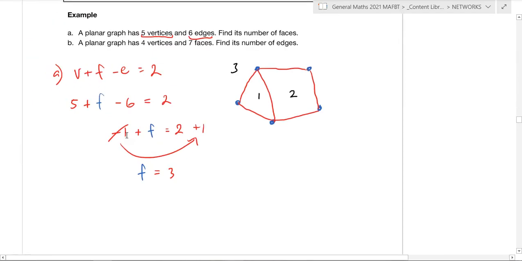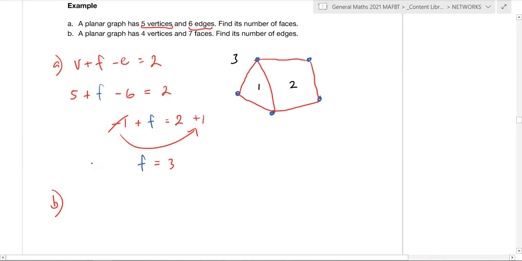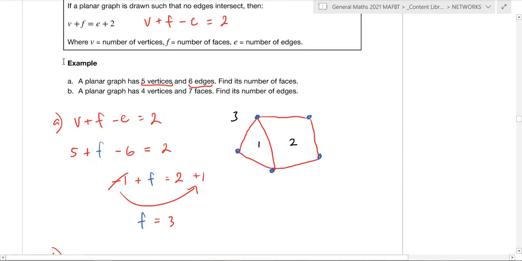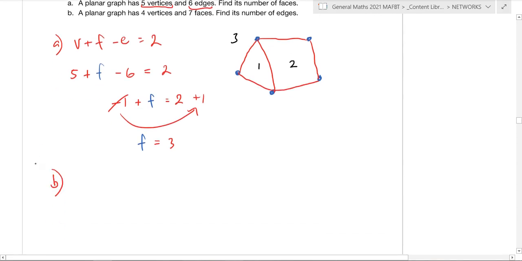Part B. Okay, let's do that one. Use your formula again. This time I might use the formula that's given in this format to show you that it's exactly the same: V plus F equals E plus 2. Part B says a planar graph has 4 vertices and 7 faces.